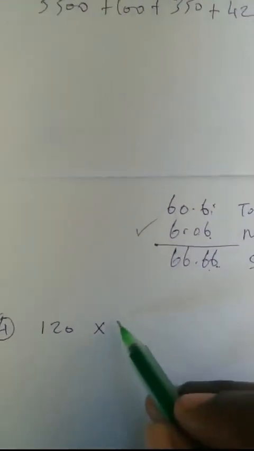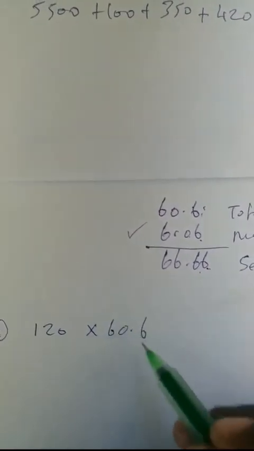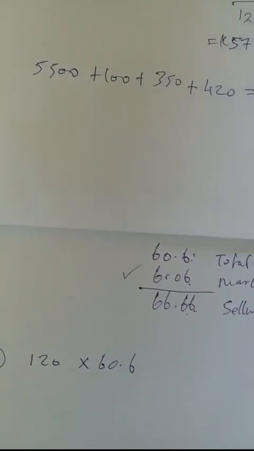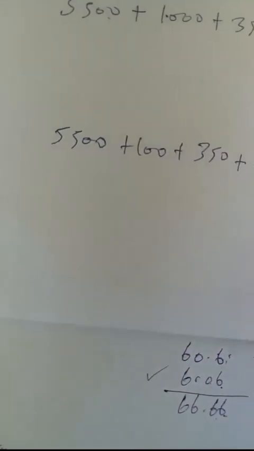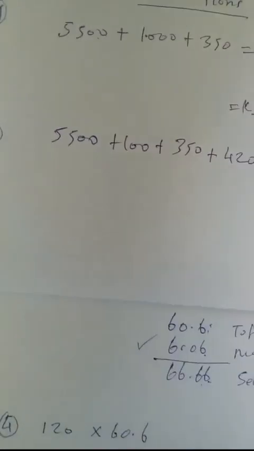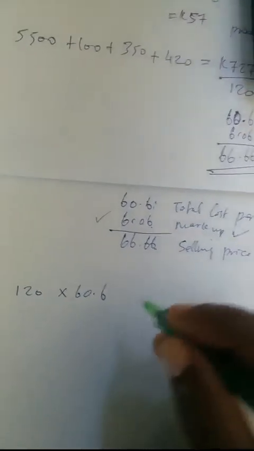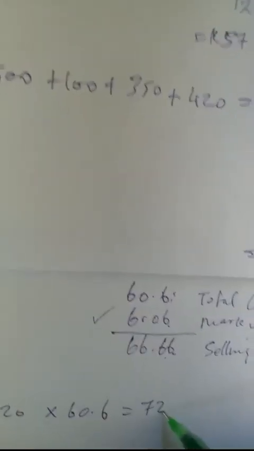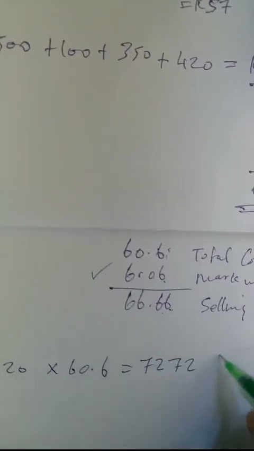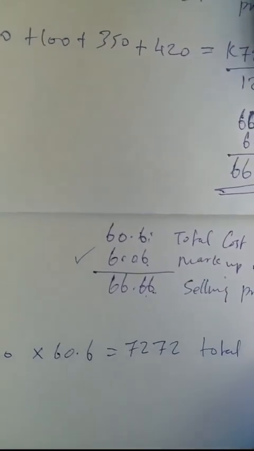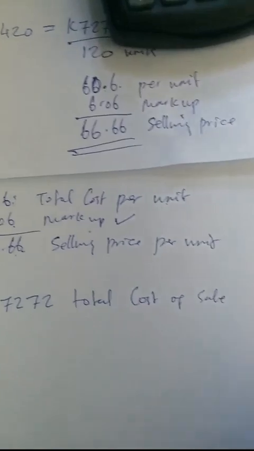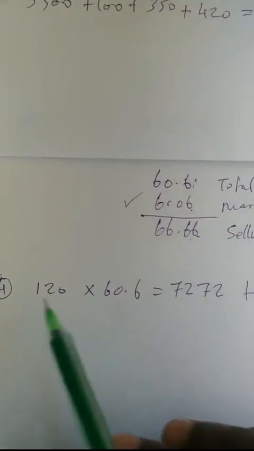So 120 times 60.6 equals 7,272. Total cost of sale for 120 units.